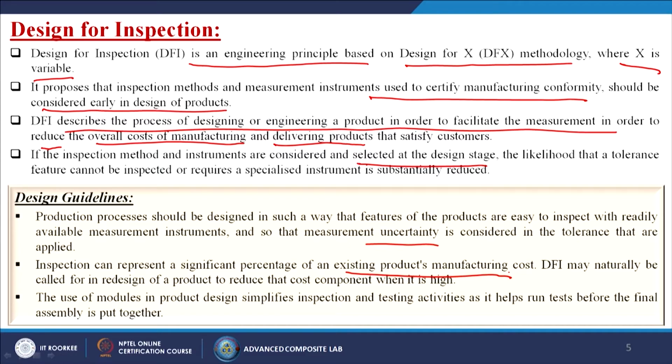DFI may naturally be called for in the redesign of a product to reduce the cost component when it is high. The use of modules in product design simplifies inspection and testing activities as it helps run tests before the final assembly is put together.